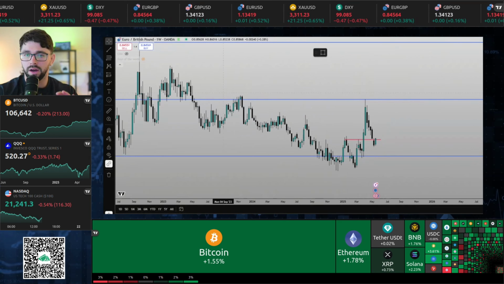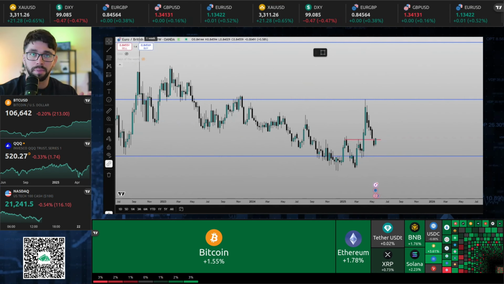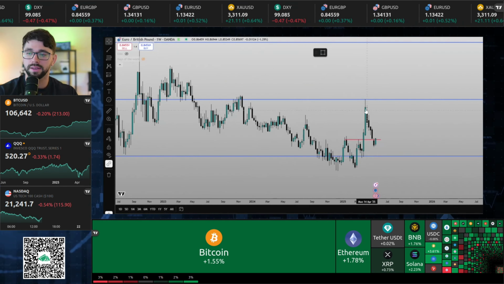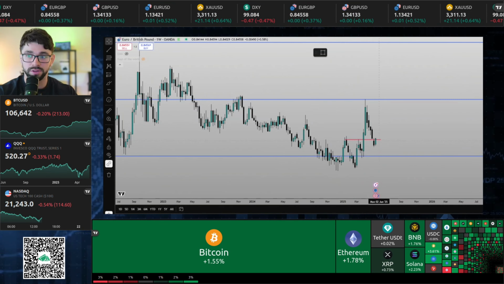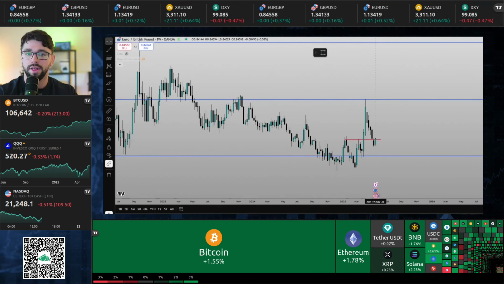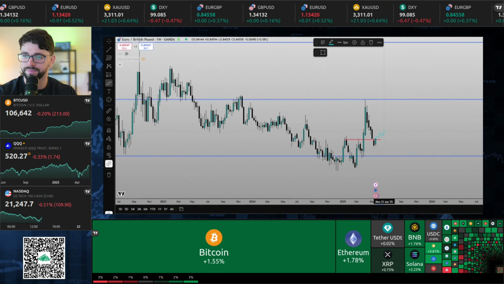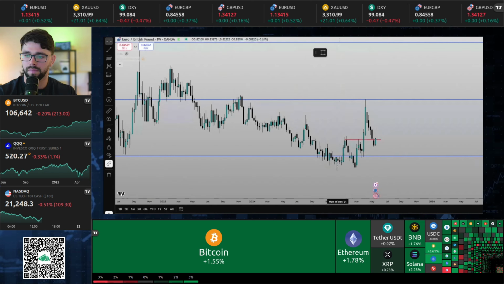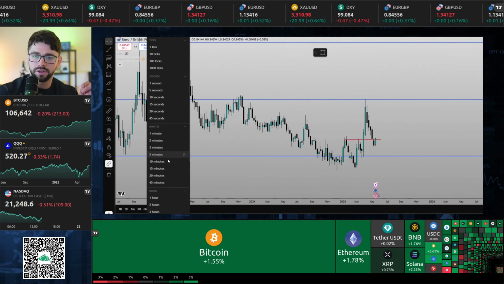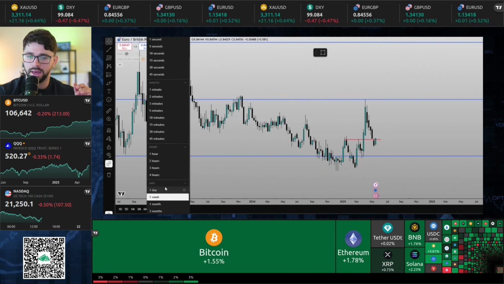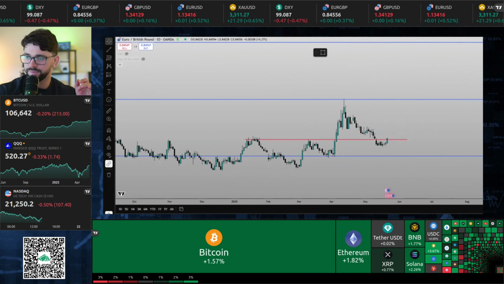So for me, on the weekly, I'm on buy mode. We've had the break of the level, we've had a retracement onto the level, and now we're looking for that continuation, and this is on a weekly time frame. Next I'm going to go down to a daily and see what the daily is saying.